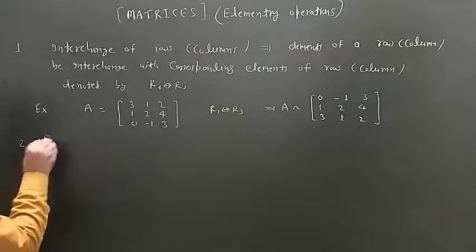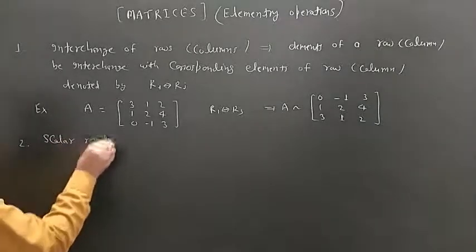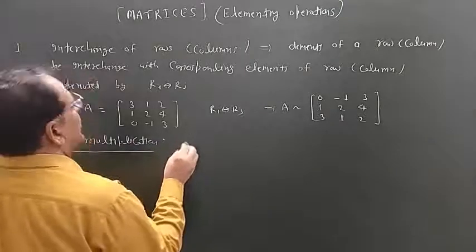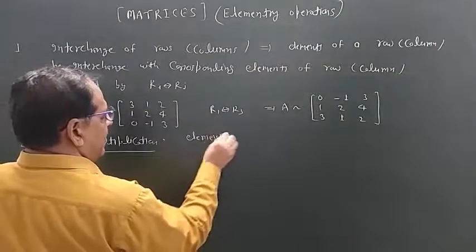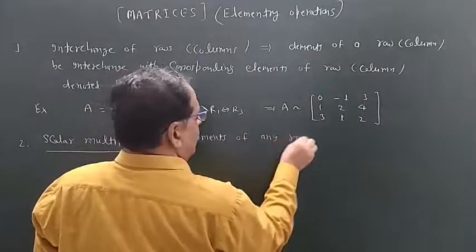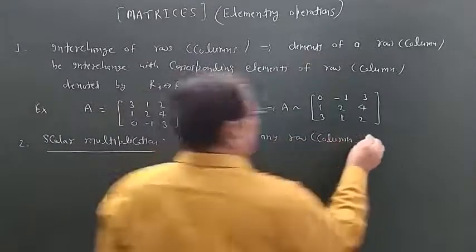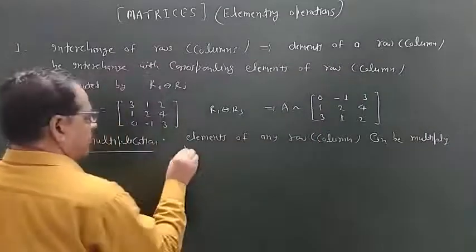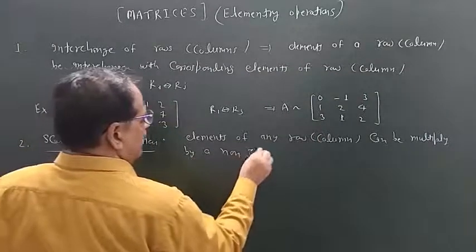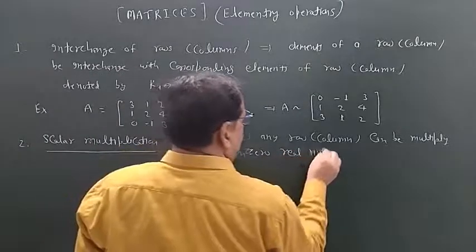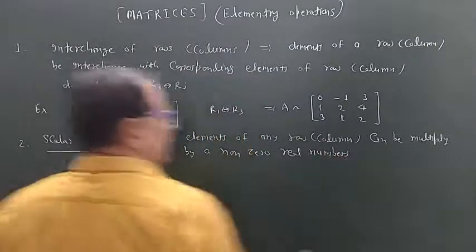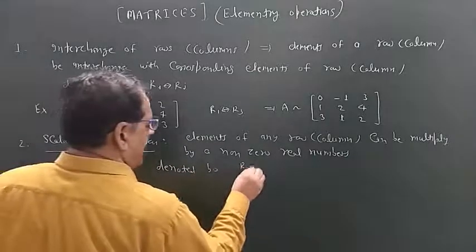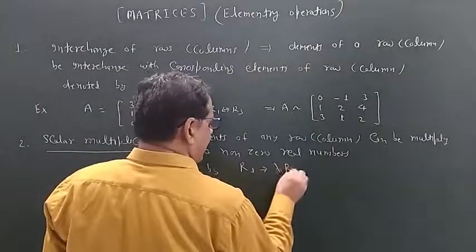Second, scalar multiplication. Elements of any row or column can be multiplied by a non-zero real number, denoted by Ri replaced by lambda Ri.